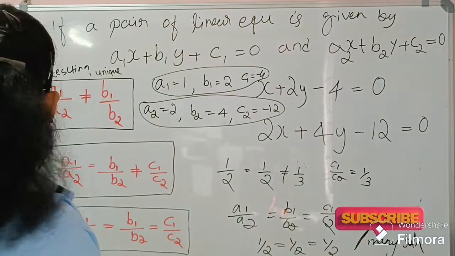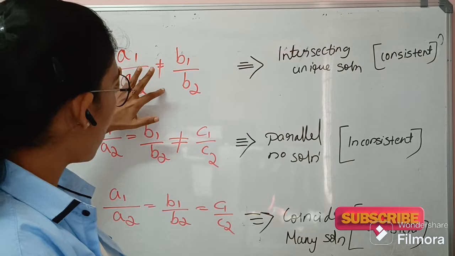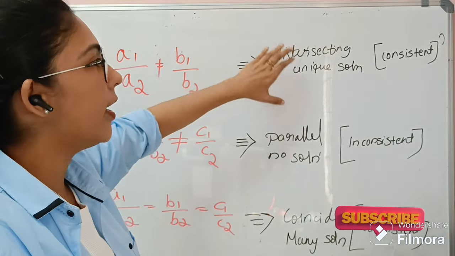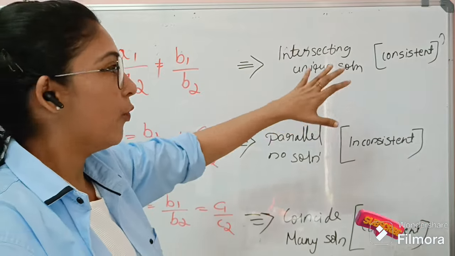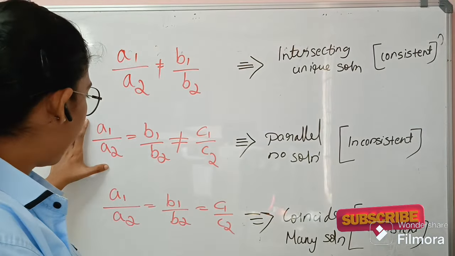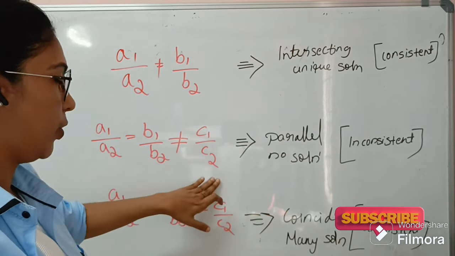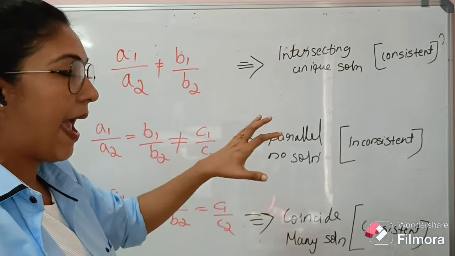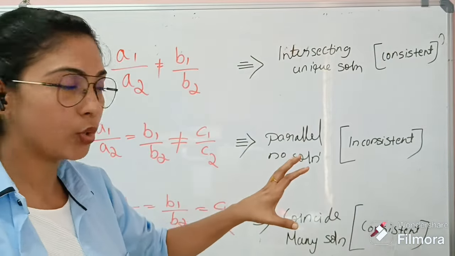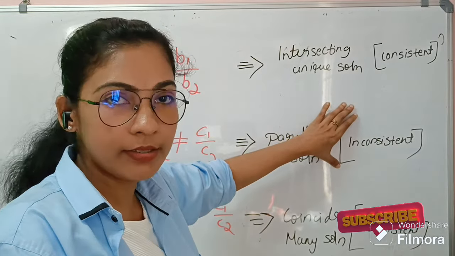Okay, let me conclude. If A1 by A2 is not equal to B1 by B2, then the two lines are intersecting each other and it has a unique solution, which means this is a consistent system. Second one, A1 by A2 is equal to B1 by B2 not equal to C1 by C2, and this is the condition of two parallel lines, which has no solution, and thus we can conclude that it is an inconsistent system.